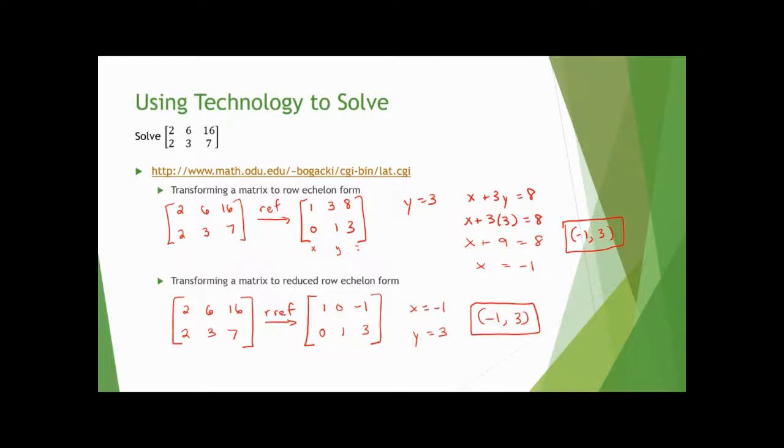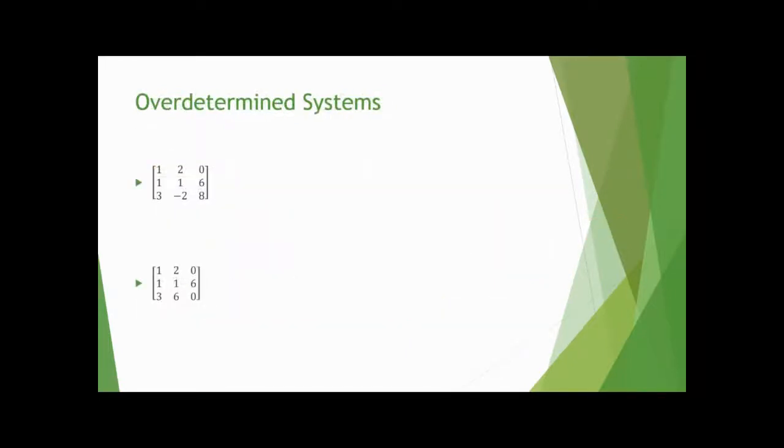Okay. So now I'm going to use technology for the rest of this because I want to talk about the different types of systems. An overdetermined system means that you have more equations than you have variables.